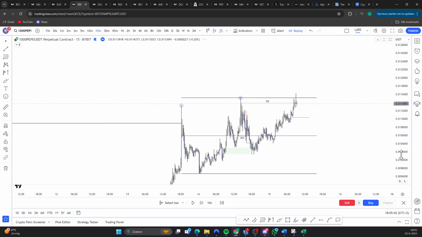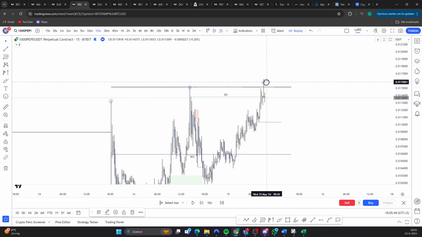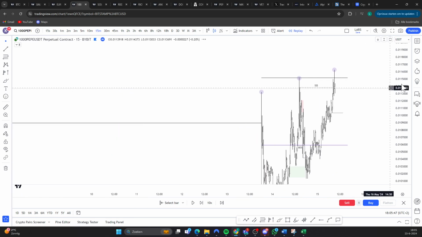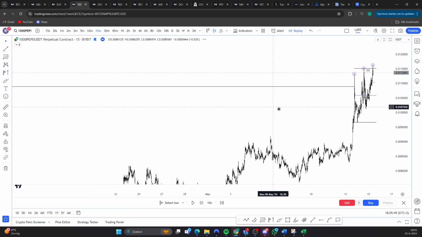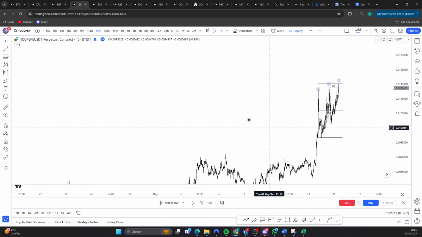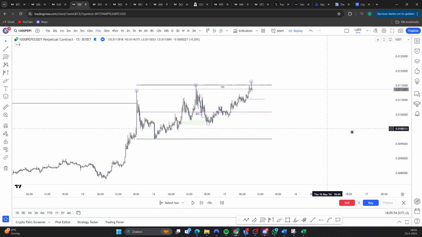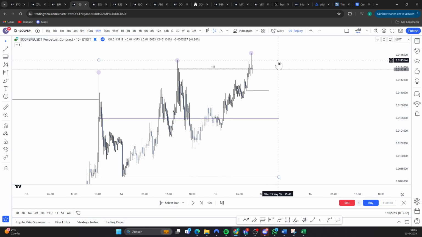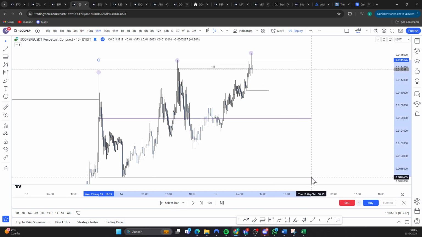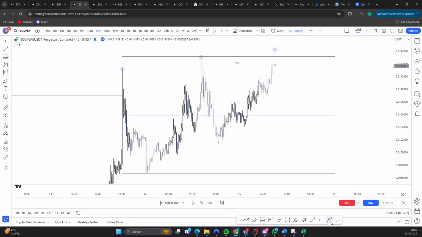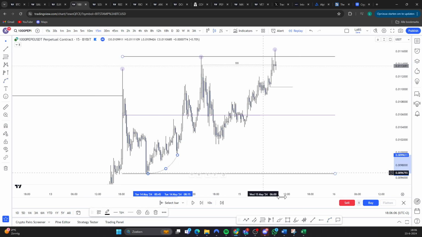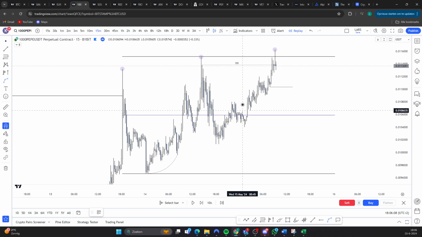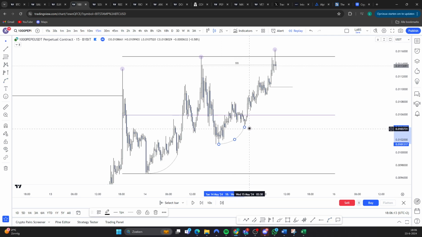This is what I was hoping for. Because now we got a Model 1. And the Model 1 at a very important market structure high, which is this range high, is very nice. Then besides that, the way we have been coming up, oh boy. The way we've been coming up here, there is liquidity here. And then that was perfectly tapped, so we got liquidity here. Technically, this whole thing is liquidity.